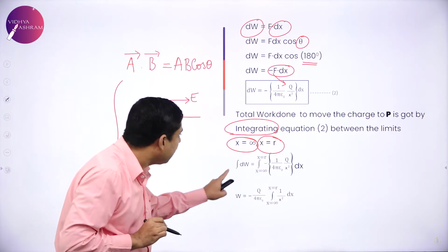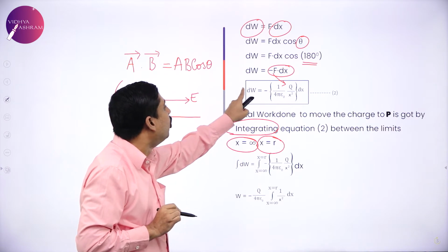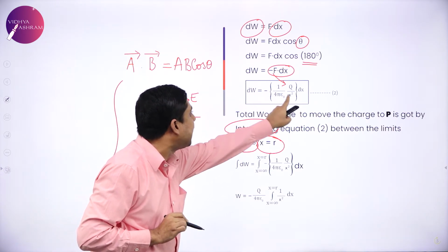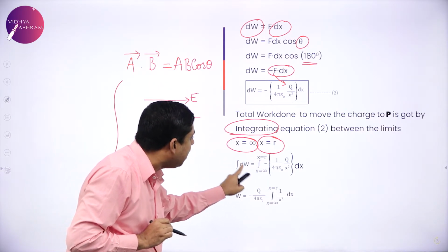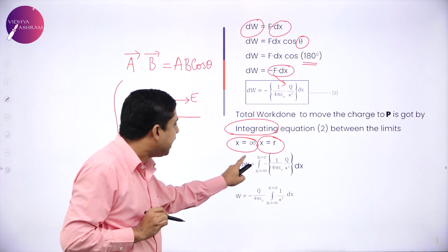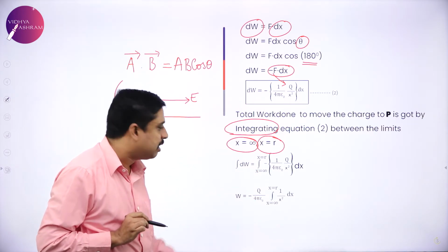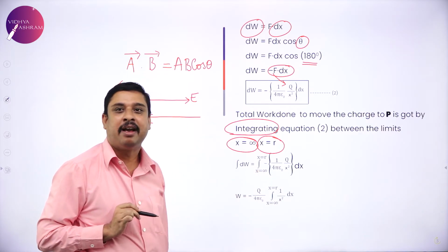Now, integral dW, I am applying integral signs on both sides. Integral dW equals integral. The lower limit we always write below the integration symbol.